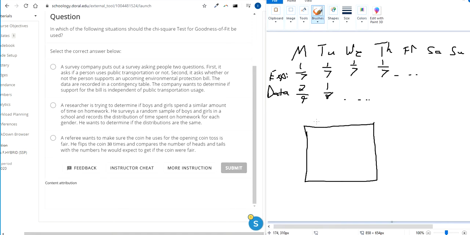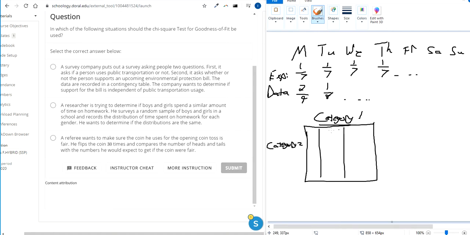Okay, so they're making some sort of contingency table. Maybe didn't pay too close attention to what the variables are, but there's two variables. There's a category up here, and there's a category down here. Okay, so this is called a chi-squared test for independence.